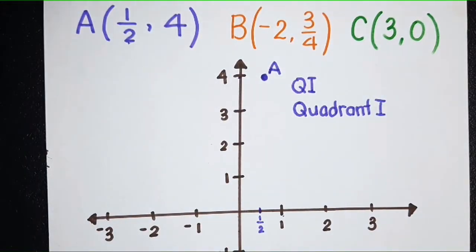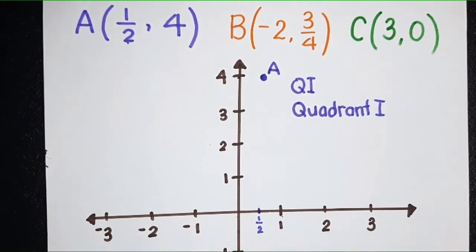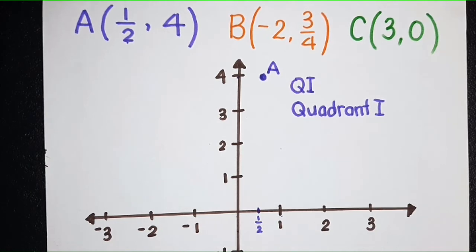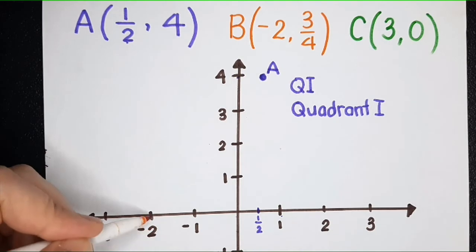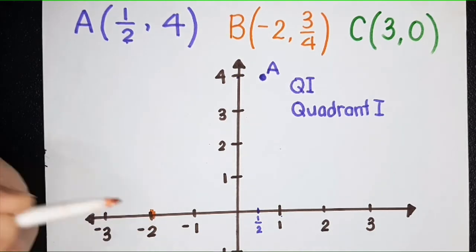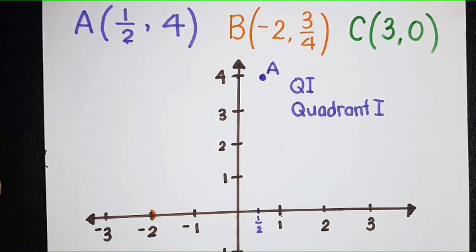Like that. Okay? Let's now plot point B. Point B has coordinates negative 2, 3/4. Okay? So, x coordinate muna. Where is negative 2? Ito.